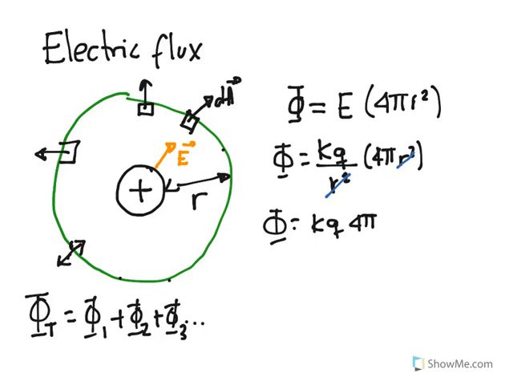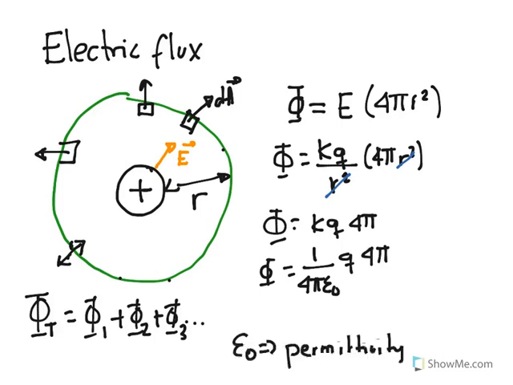And if we look at the actual definition of k, k is 1 over 4 pi epsilon 0, epsilon 0 being a constant as well, called the permittivity of free space, and this is an electric constant.